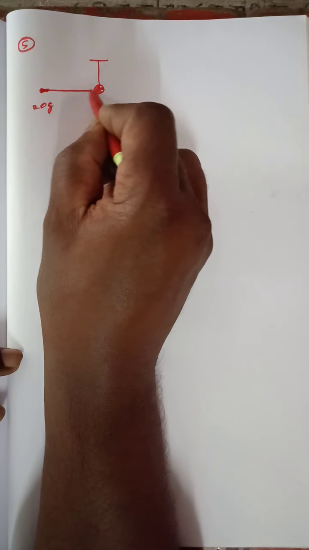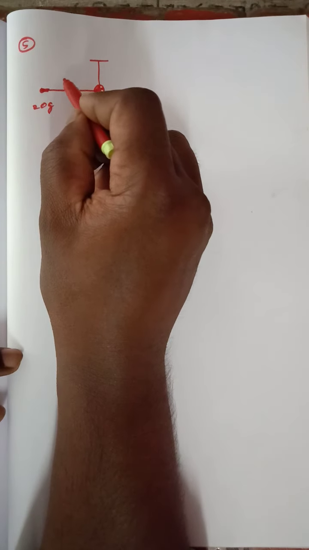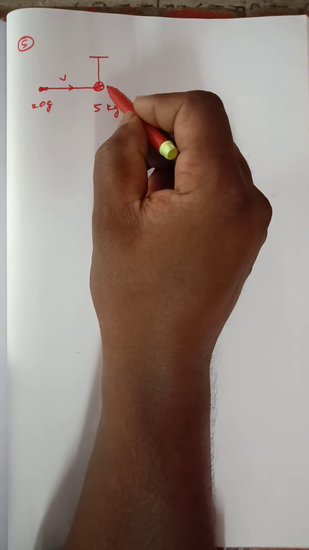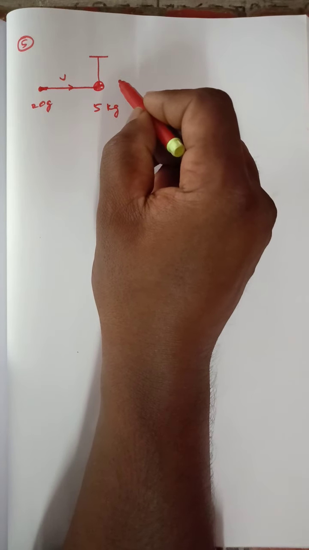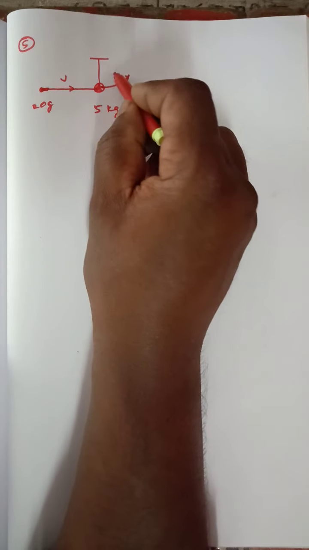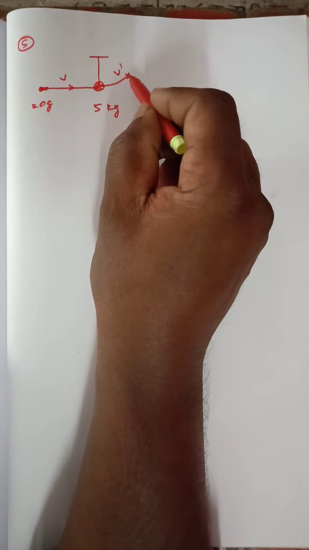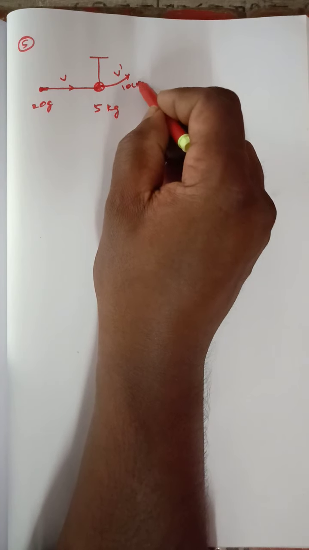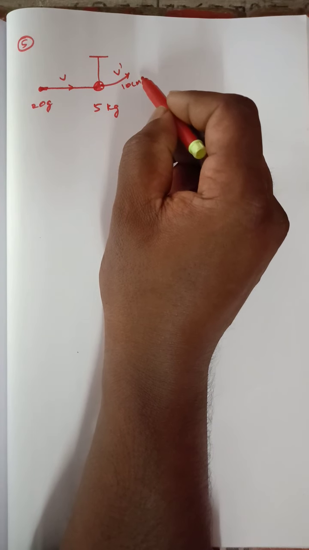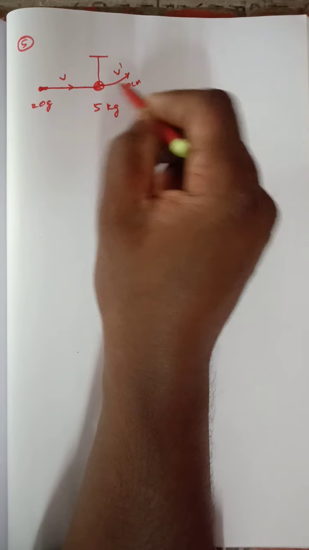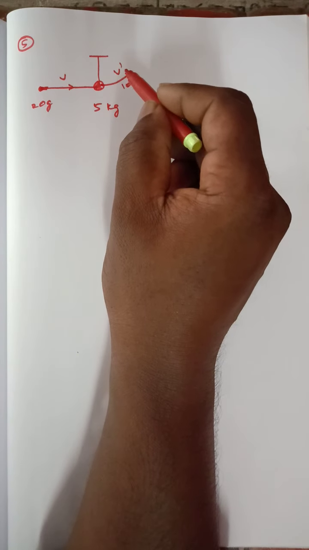It's moving with velocity v. Now, after hitting the pendulum, both move with the same velocity, v dash, and the distance traveled by the pendulum is 10 centimeter. They are asking for the velocity of the pendulum embedded with the bullet. So we are finding the value of v.